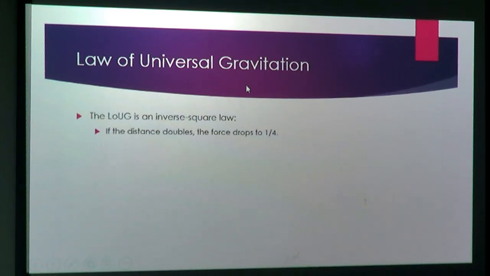No. It's an inverse square law. So if the distance doubles, the force will drop by 1/4. Of course, if the distance triples, and it's inverse square, the force will drop by 1/9. Because it's inverse square.